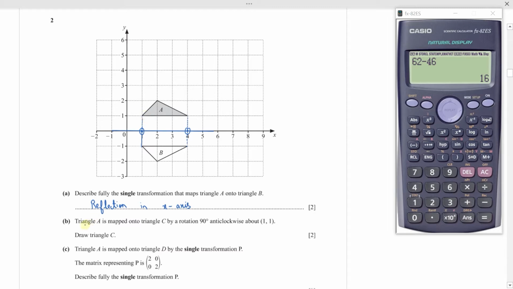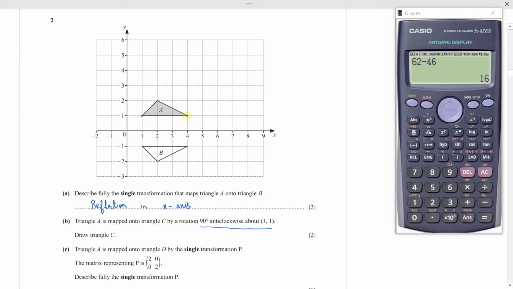So the next part is triangle A is mapped onto triangle C by a rotation 90-degree anti-clockwise about 1, 1. Draw triangle C. So let me just erase this. Now we have a 90-degree anti-clockwise rotation, and my center of rotation is this point 1, 1. This vertex is already on the center of rotation, so it will not move anywhere.